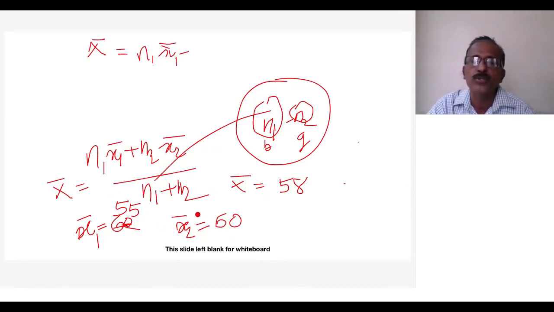Put these values in the formula. Capital X bar is equal to n1 x1 bar plus n2 x2 bar divided by n1 plus n2.